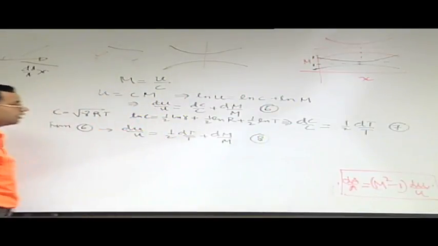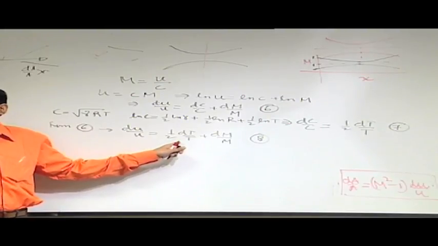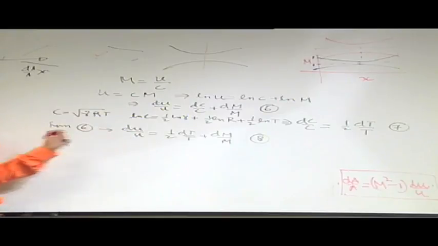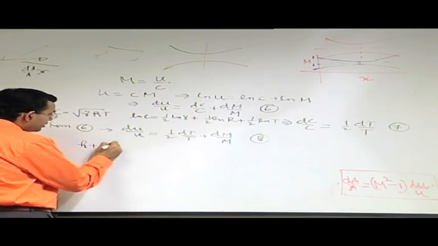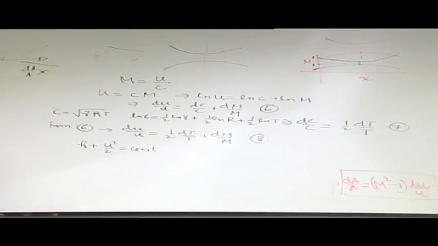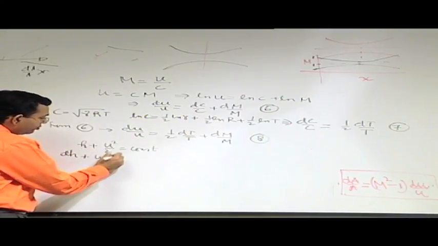Again another new unknown dT by T has appeared, but till now we have not used the energy equation, that we may use. So the energy equation, what it was: H plus u square by 2 equal to constant, that was the energy equation. So you have dH plus u du equal to 0.